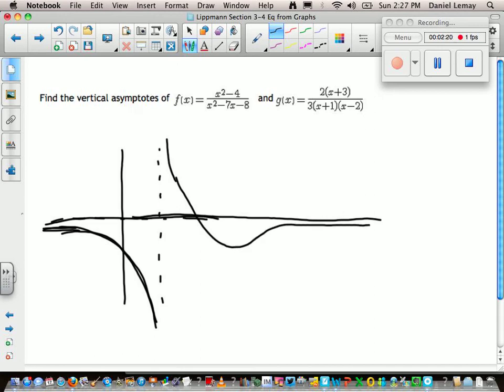So just because it does cross a supposed asymptote once doesn't mean that it's not an asymptote in the long run. Because really with asymptotes we're talking about long-run behavior. For horizontal asymptotes, we're talking about long-run behavior. Vertical asymptotes, we're talking about what happens at a certain value of x, usually, or whatever variable they're using.